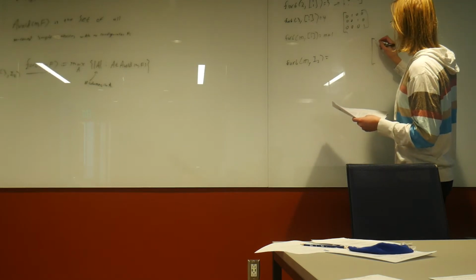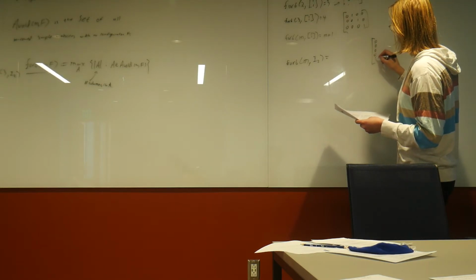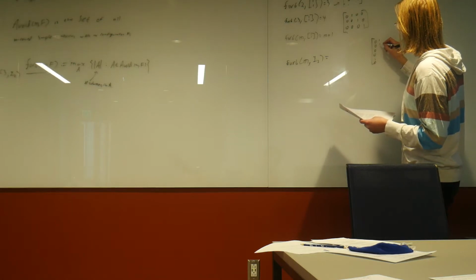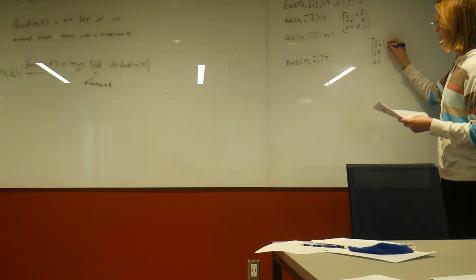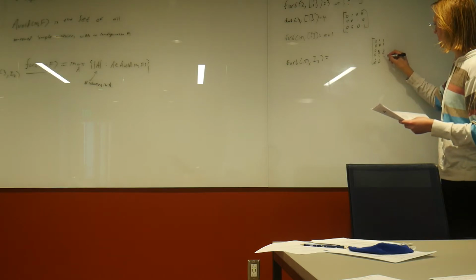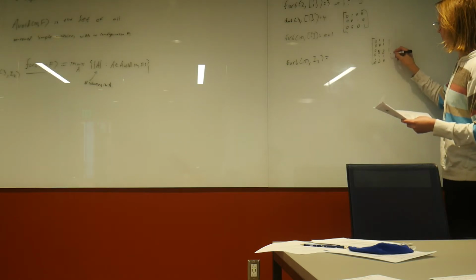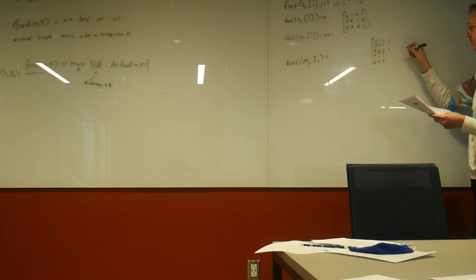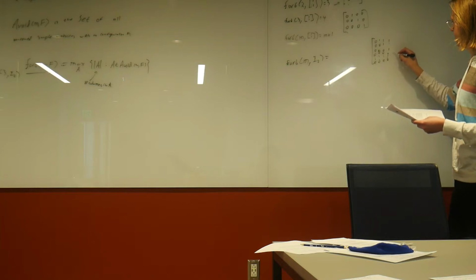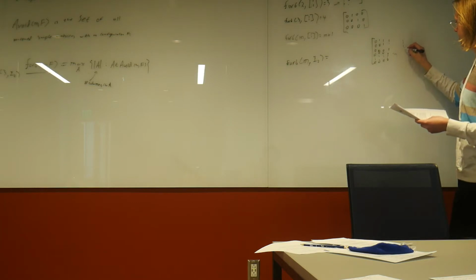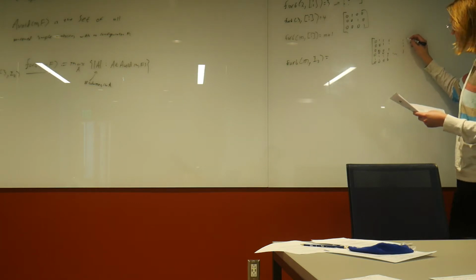We could have a 0 column, and we could have a column with a 1 at the top, 2 1s, and 0s, 3 1s, creating this upper triangular matrix, and so on, all the way until we get a column of all 1s.